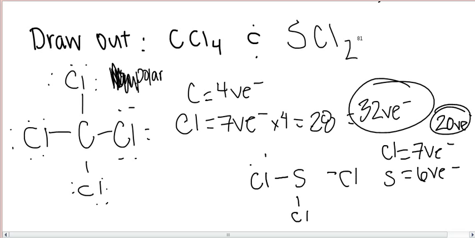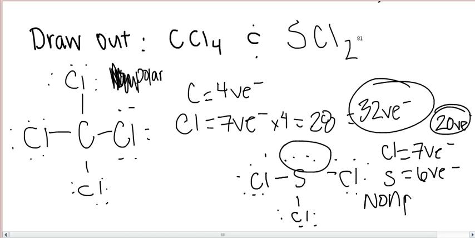And if we draw around and fill them up, we see that S is not filled with 8 valence electrons. We still need 4 more to equal 20. So that means we have to add on lone pairs, and these lone pairs would create the temporary dipole, which would mean that it was polar.